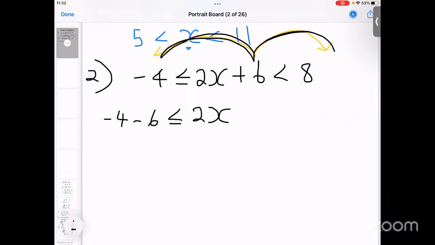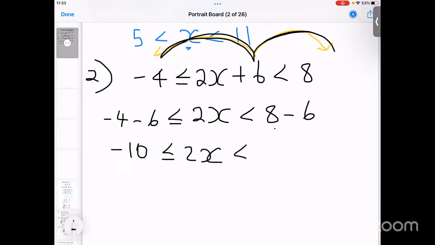And as it goes to the other side, it becomes 8, and then it changes the sign. It will definitely change the sign as it goes on each side. So you have -10 this side, and then you still have that. The main aim is to make sure that in the middle, you just have a letter. In this case, it's letter X.